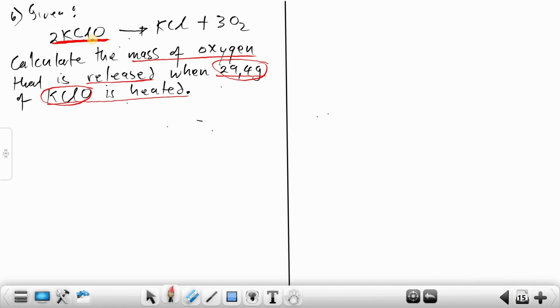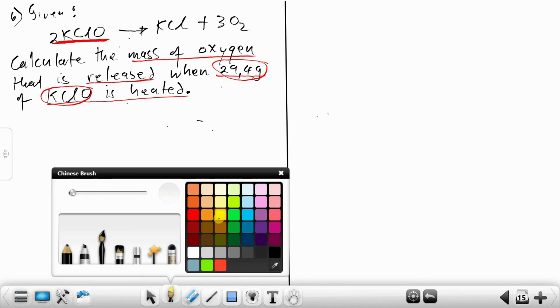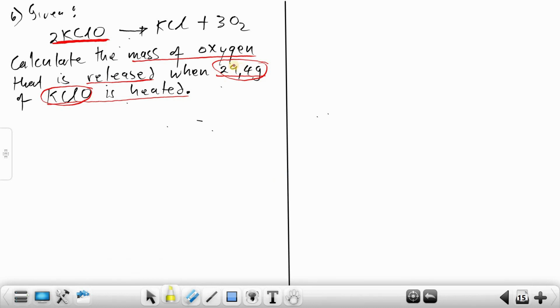One mistake that you made, you worked with KCl, and we don't have information for KCl, because it is clear here that it says 29,4 grams of KClO3.